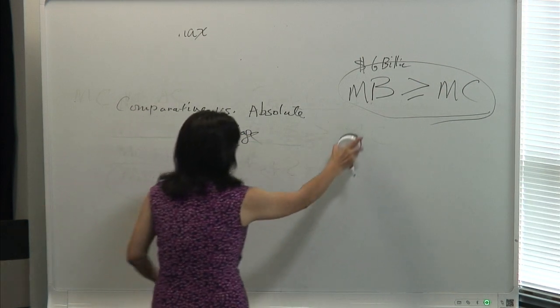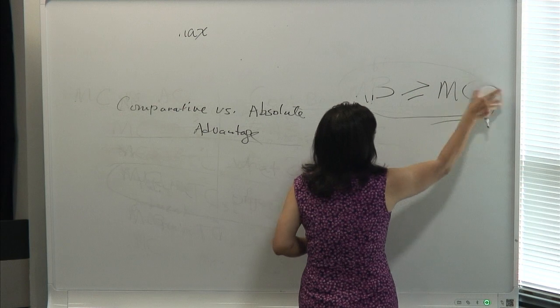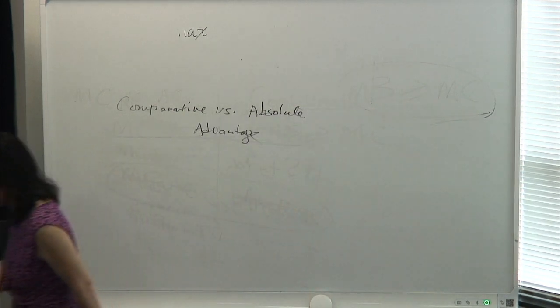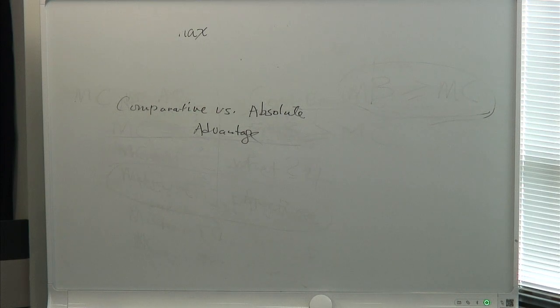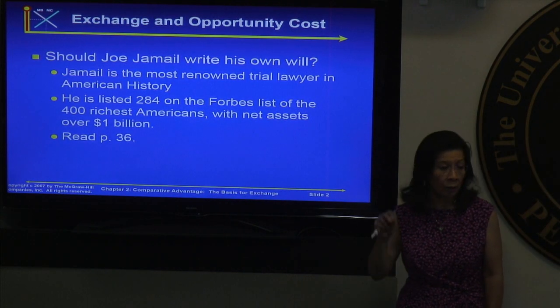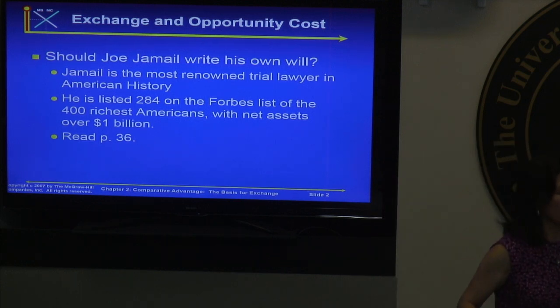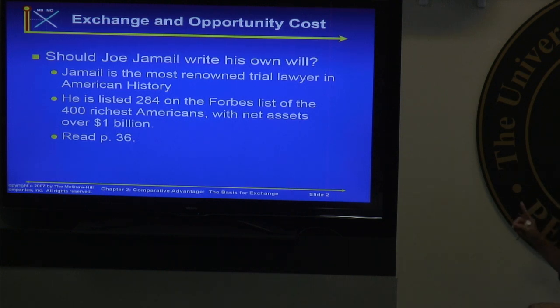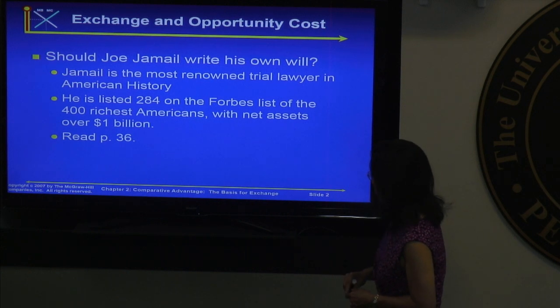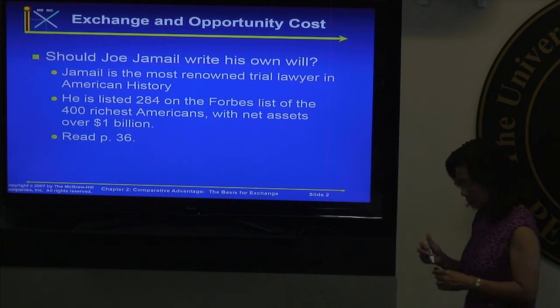Before that, let's ask a question, and then I'll have a volunteer read that section. Should Joe Jamail, a very famous lawyer, write his own will? He is the most renowned trial lawyer in American history, and he appears, I'm not sure if this is updated, at number 284 on the Forbes list of 400 richest Americans with net assets of $1 billion.